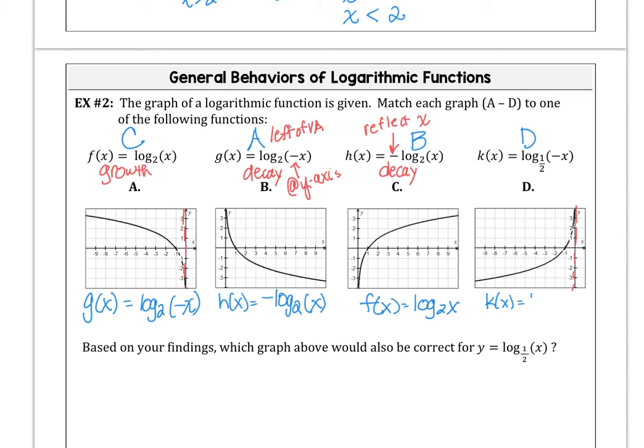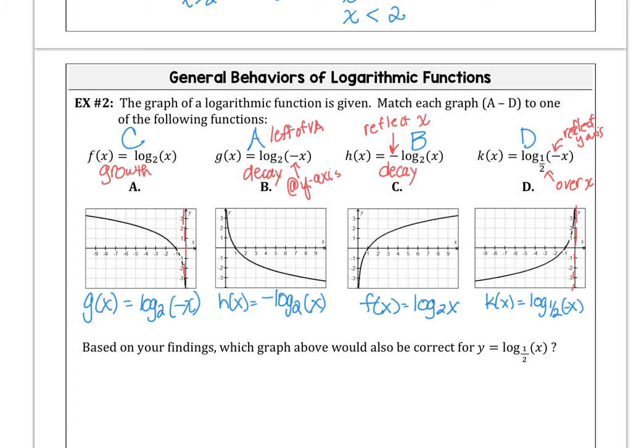And if we analyze y, we have the negative on the argument that causes a reflection over the y-axis, and the base being a half, that's a reflection over the x-axis.